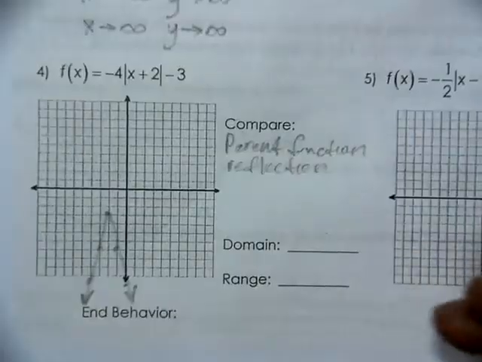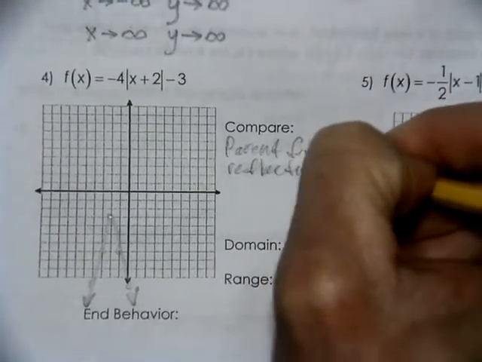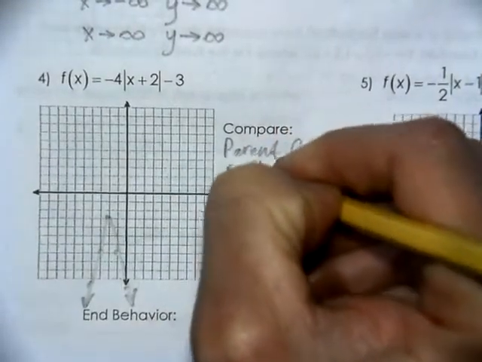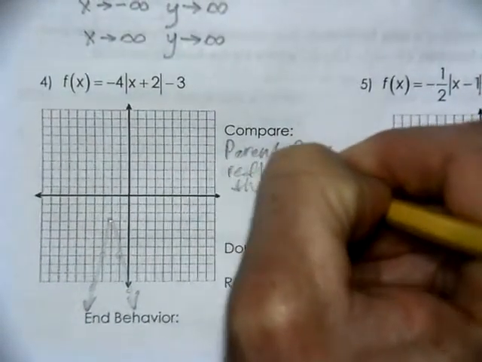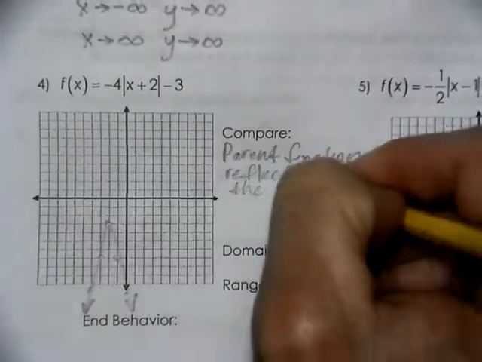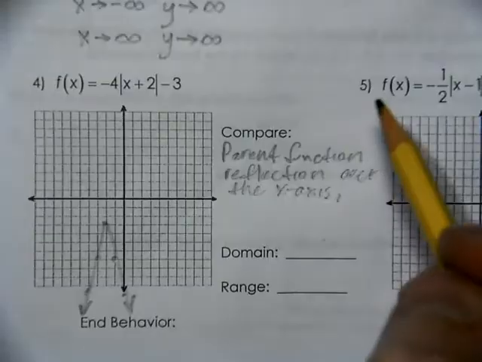The parent function is reflected over the x-axis because of the negative in the equation.